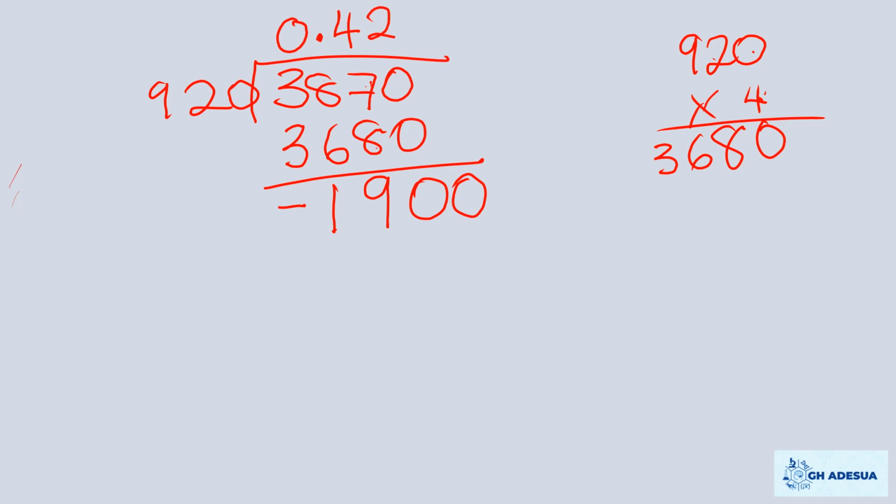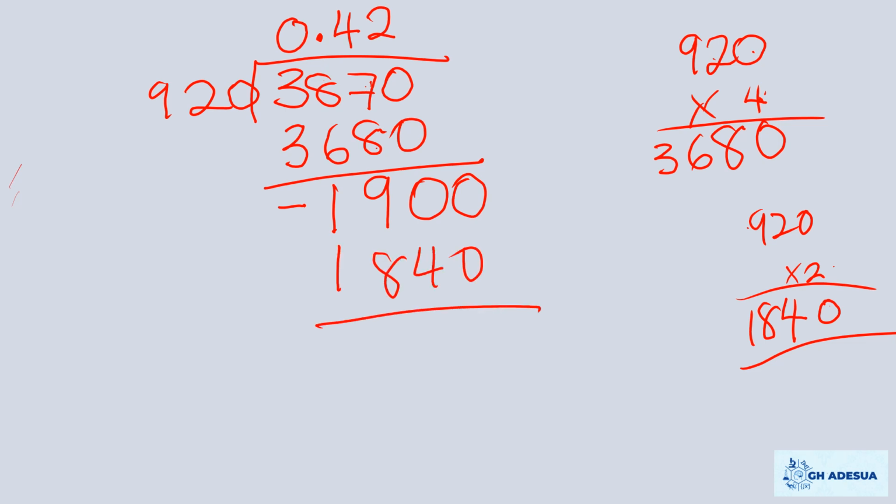So 920 times 2 would be, 1800, are you sure? 920 times 2. 2 times 0 is 0. 2 times 2 is what, Kweku? 1840. What do you get when you subtract? 60, right?